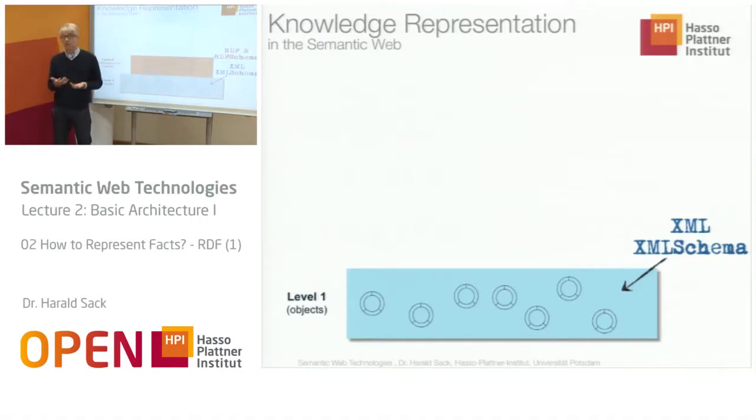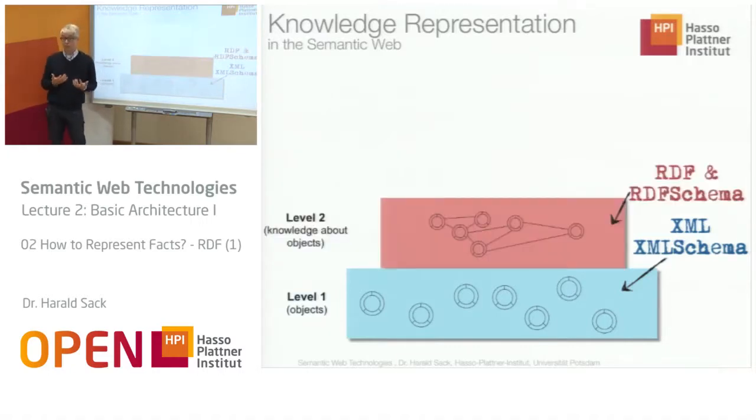One level above there, we will have the possibility to define relations among these objects. And these are first knowledge, first facts that we can express, that we can take objects into relation with each other. And we can construct little worlds that are open and that are based on the Resource Description Framework and the Resource Description Framework Schema language.